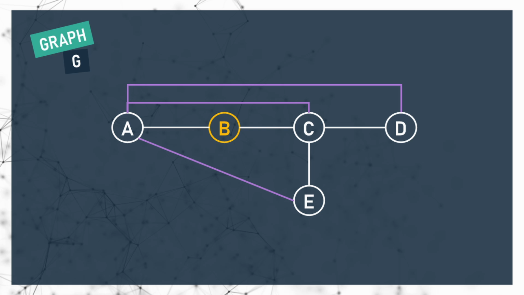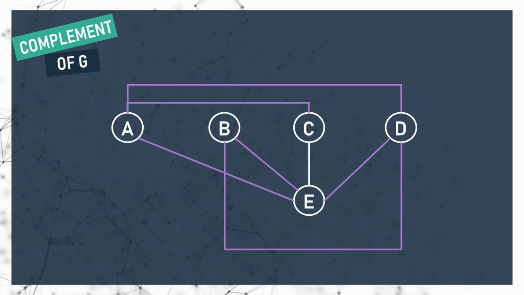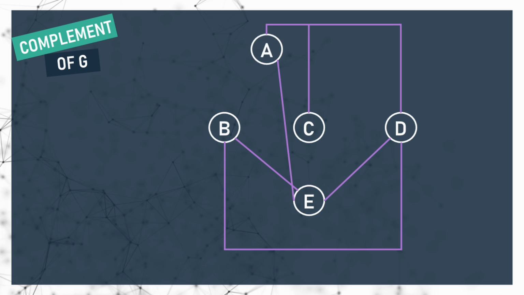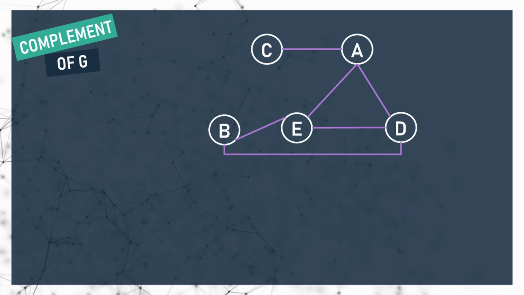Node B is connected only with A and C, so the edges in the complement are BD and BE. The only edge that is missing now is between nodes E and D. The complement of graph G has vertices A, B, C, D, E, and edges AC, AD, AE, BD, BE, and ED.